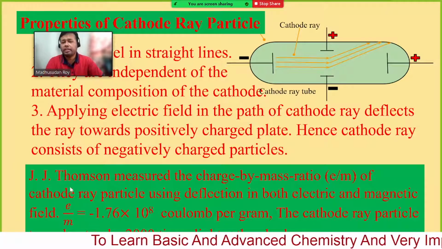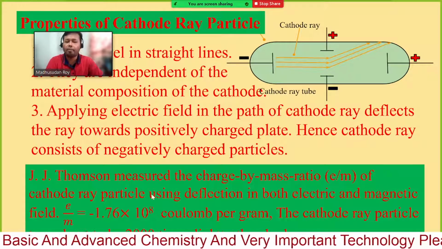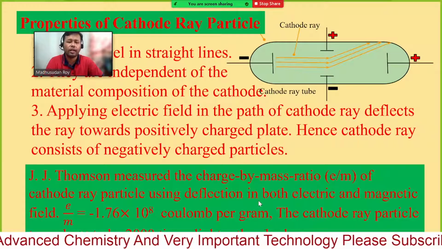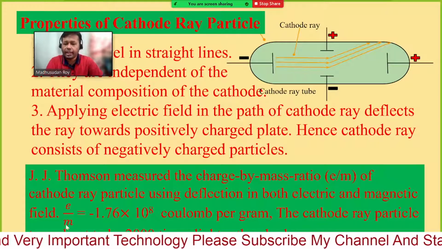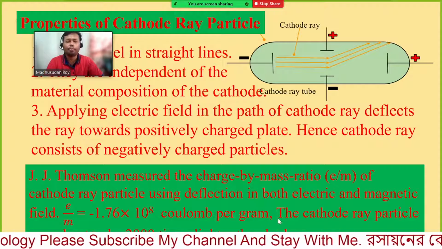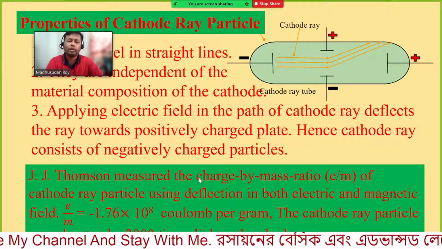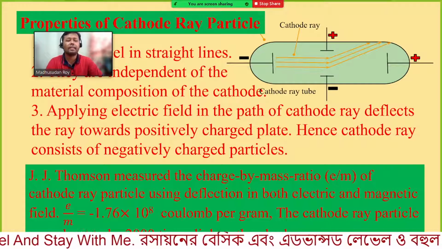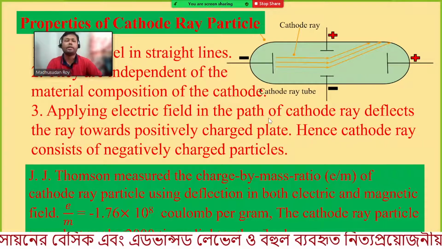Now J.J. Thomson measured the charge by mass ratio, e/m, of a cathode ray particle using deflection in both electric and magnetic fields. So e/m equals minus 1.76 into 10 to the power 8 coulomb per gram. The cathode ray particle turned out to be 2000 times lighter than hydrogen. So why are we considering hydrogen?